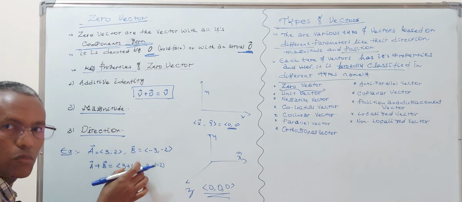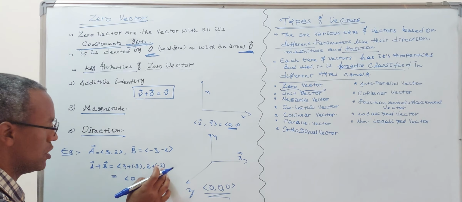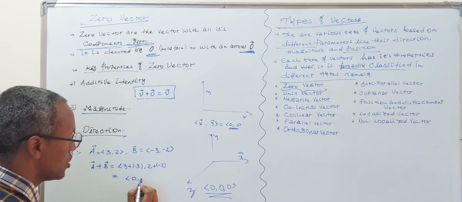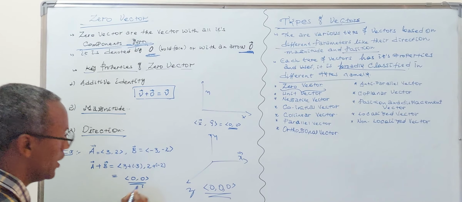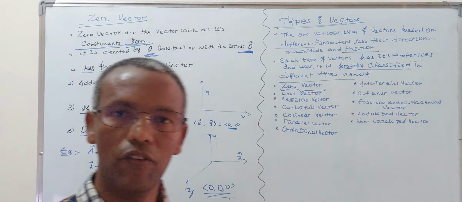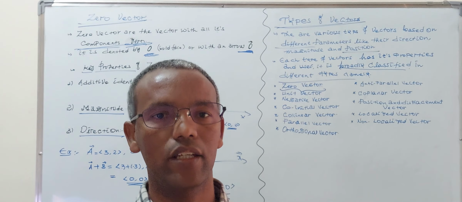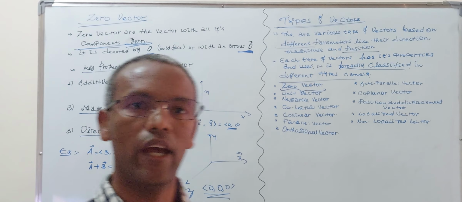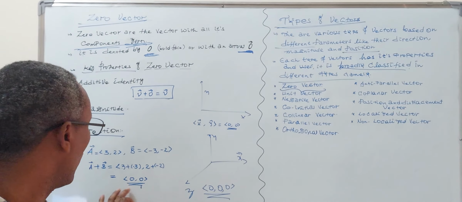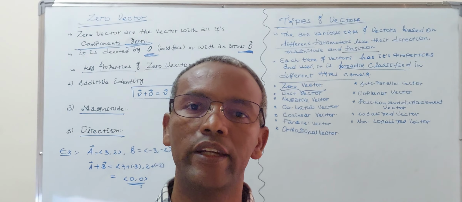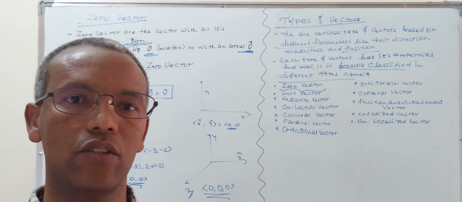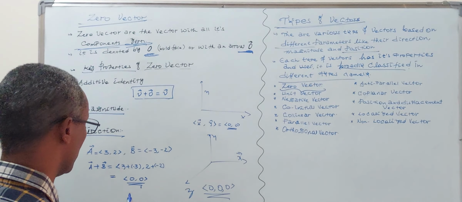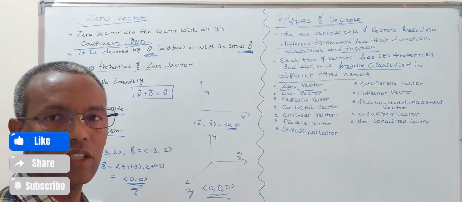Basically this means 3 minus 3, as well as 2 minus 2. This vector is a zero vector, meaning that, like I said, there is no specific direction, and the magnitude of both x and y is 0, which represents a zero vector.